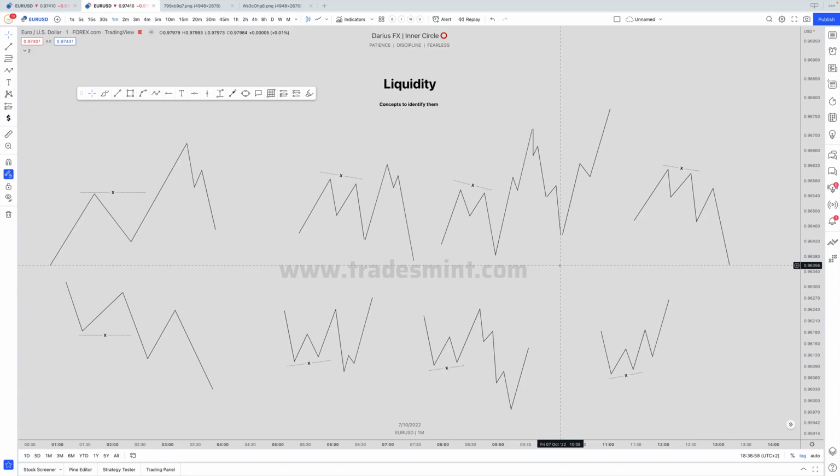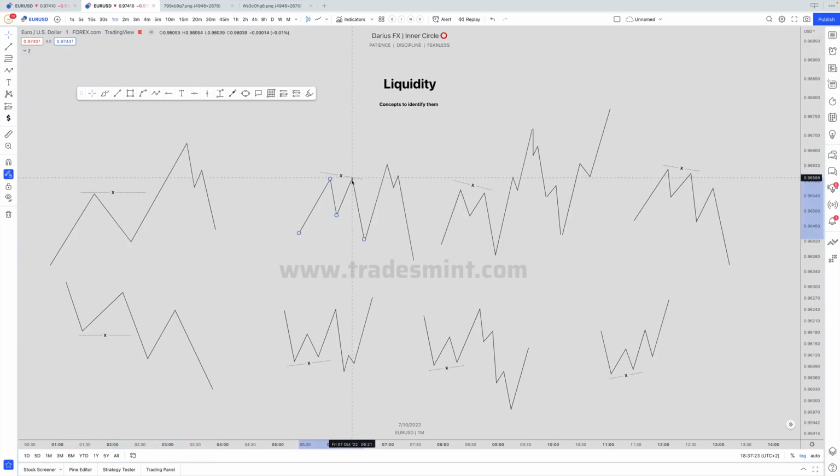Okay, one last word to equal highs and equal lows. So if you have your equal highs, what I want to see is really price making equal highs. So that means the first high here should be higher than the second one. This is for me equal high. If this is higher than the other one, then this is already the first form of liquidity. So it took this out and then price went down lower.